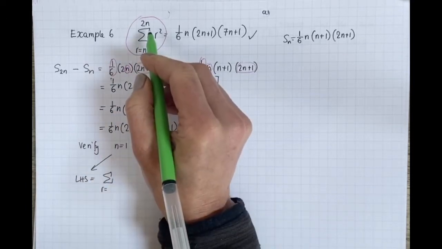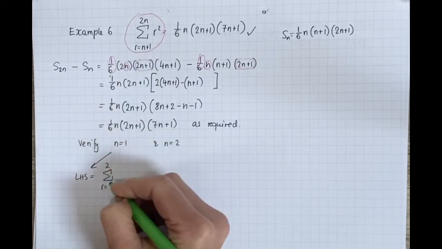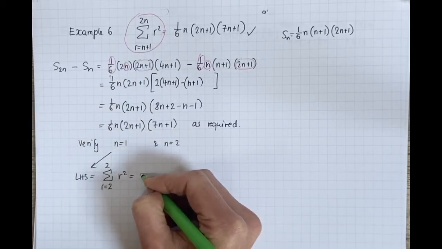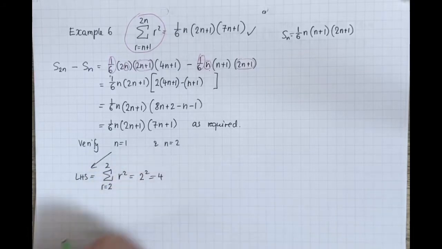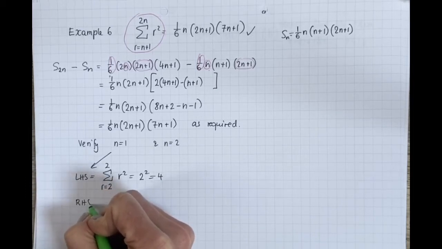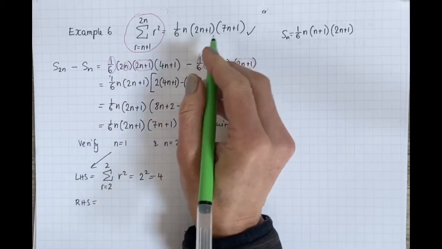Now, if n is equal to 1 from the second, and this one will give me the second as well. Well, this is going to be just 2 squared. From the second to the second, you're just staying at one term. Okay, what about the right hand side? Do I get 4 as well if I put n equals 2 into this expression?